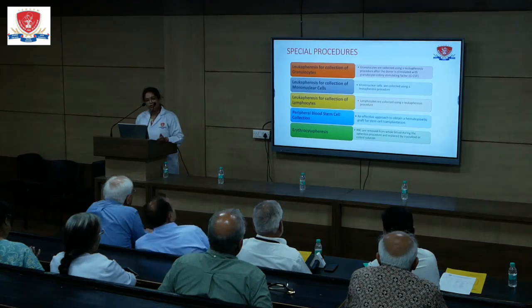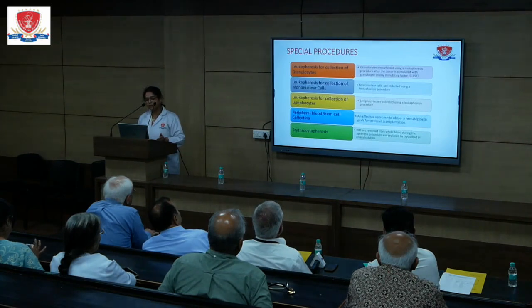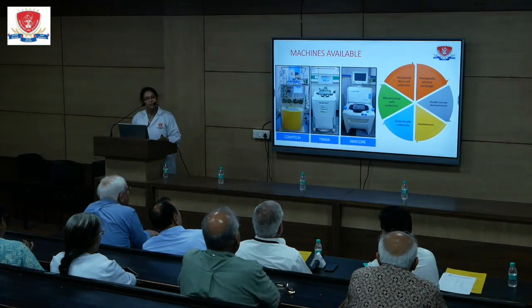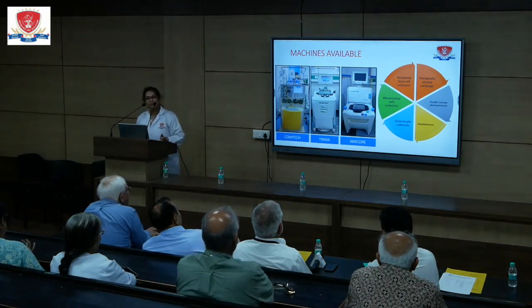Leukapheresis for collection of mononuclear cells and lymphocytes. Peripheral blood stem cell collection, which is an effective approach to obtain a hematopoietic graft for stem cell transplantation. Erythrocytopheresis, where RBCs are removed from whole blood during the apheresis procedure and replaced by a crystalloid or a colloid solution.